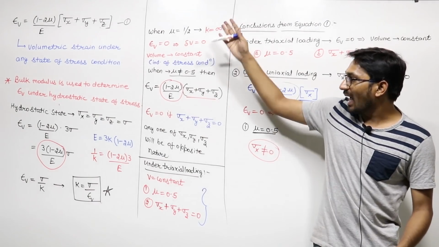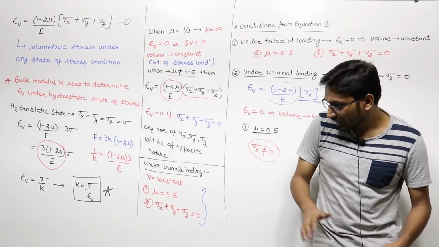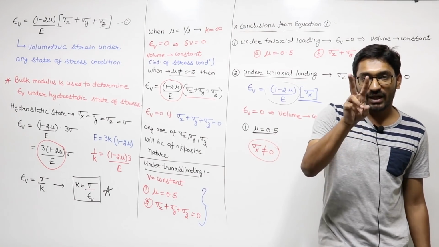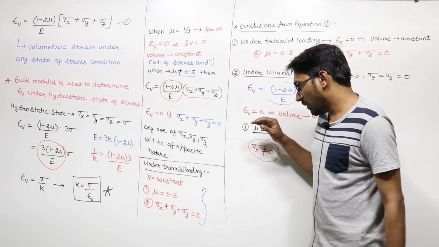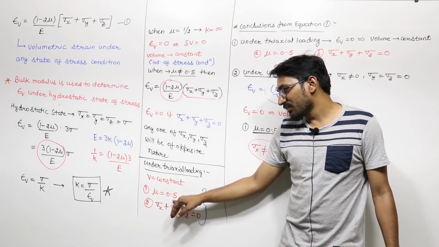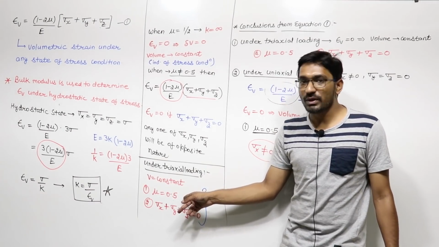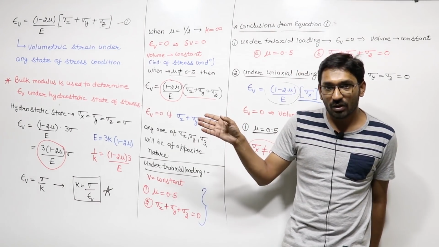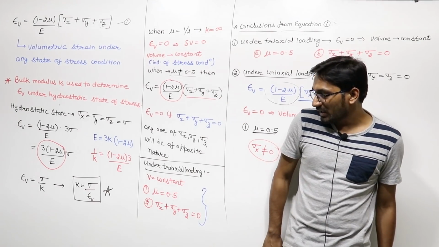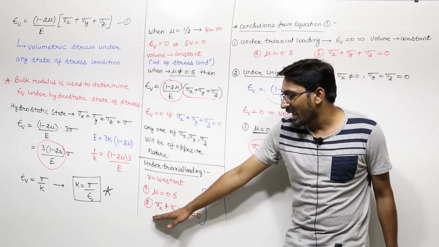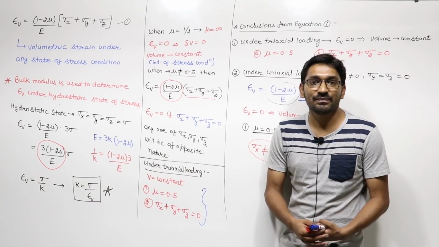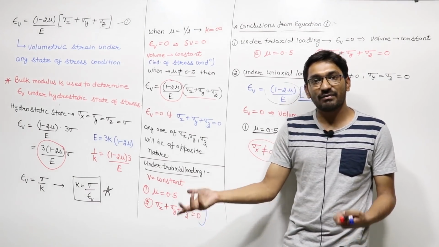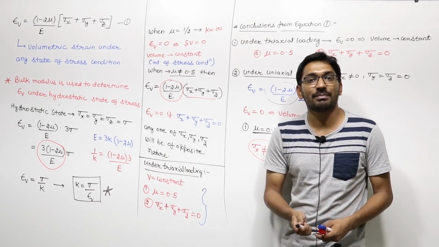But under triaxial loading, the volumetric strain is 0 under two possibilities: if mu is equal to 0.5, or if the summation of sigma x, sigma y and sigma z is 0, which is possible only when any one of them is of opposite sign, that is compression, right?